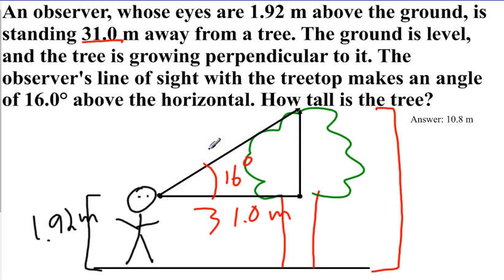Using your line of sight, this hypotenuse, we know that's 16 degrees, and knowing that the horizontal component of that is 31 meters, we can find our y component. That'll be from your eyes to the top of the tree. From there, we just need to add the 1.92 meters, and we'll be good.